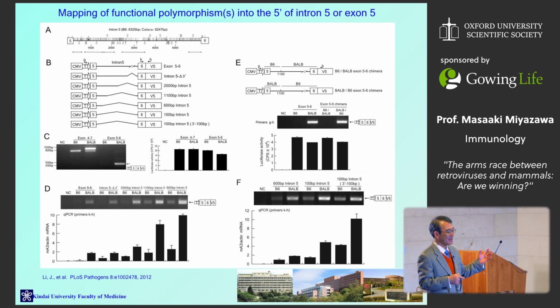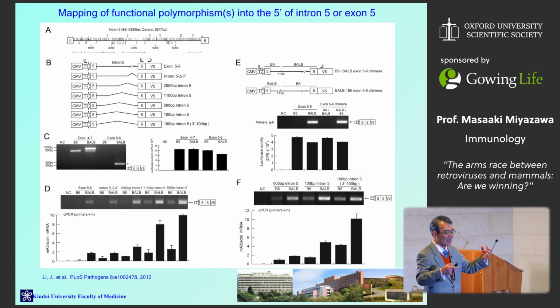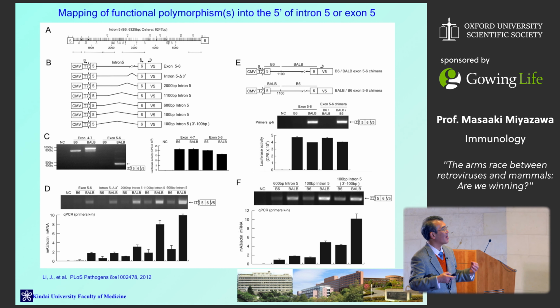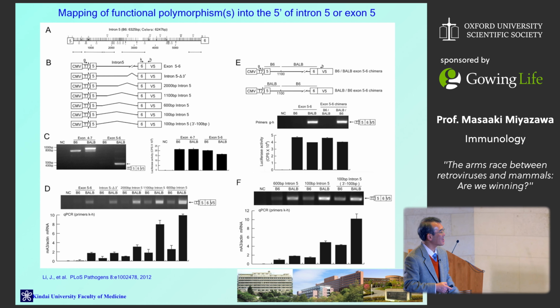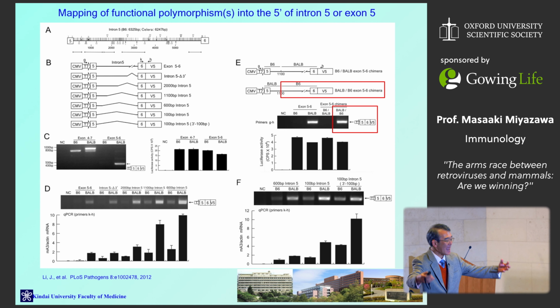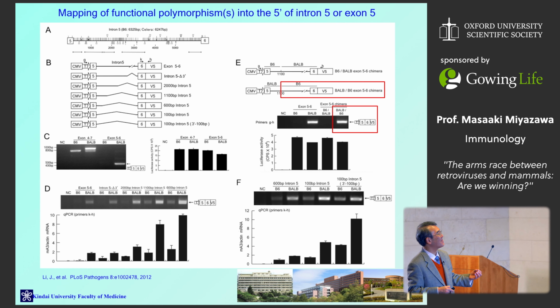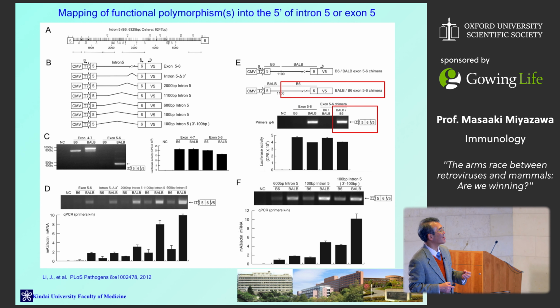To do that, this is a very professional experiment, but we did an in vitro splicing, in vitro translation of cloned DNA into messenger RNA, and we made chimeras between resistance-associated and susceptibility-associated alleles and expressed them in vitro and let them transcribe messenger RNA.